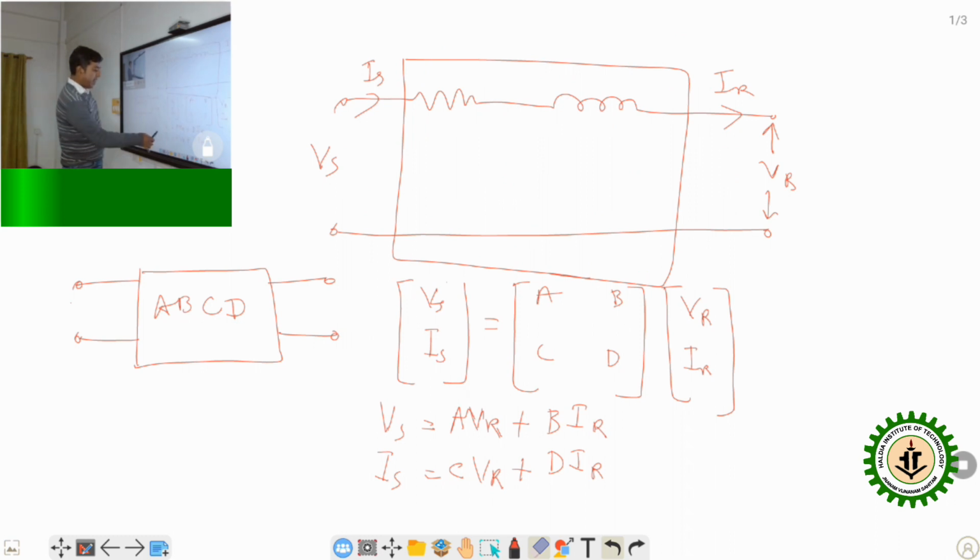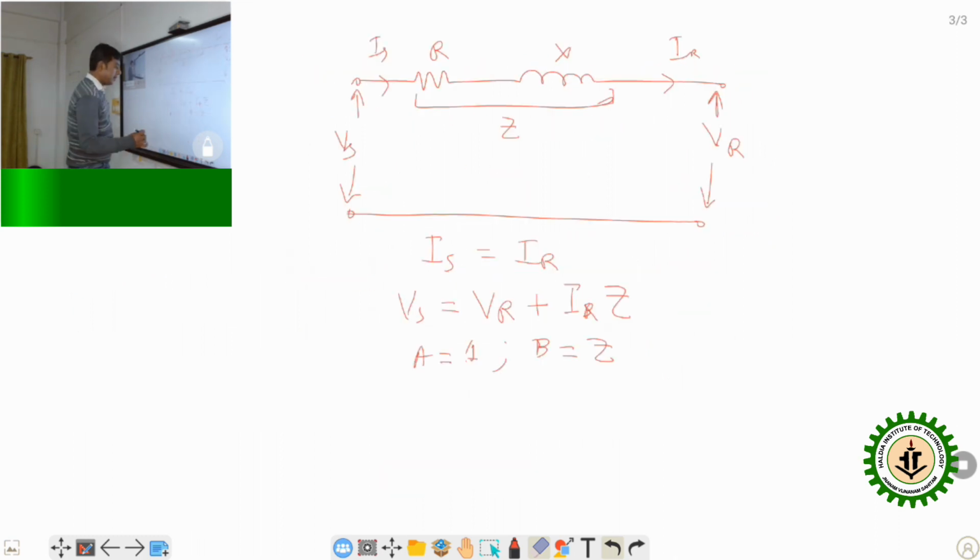For the short transmission line, the VR part is not there, that means C is 0. And D, what is the value of D? The coefficient of IR is 1, so D is 1.